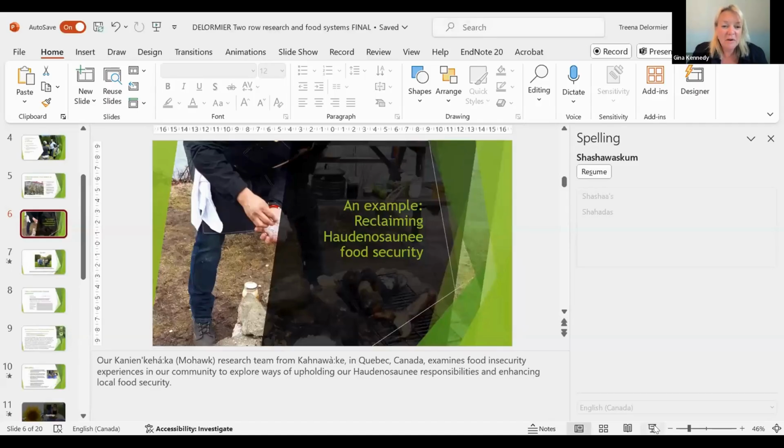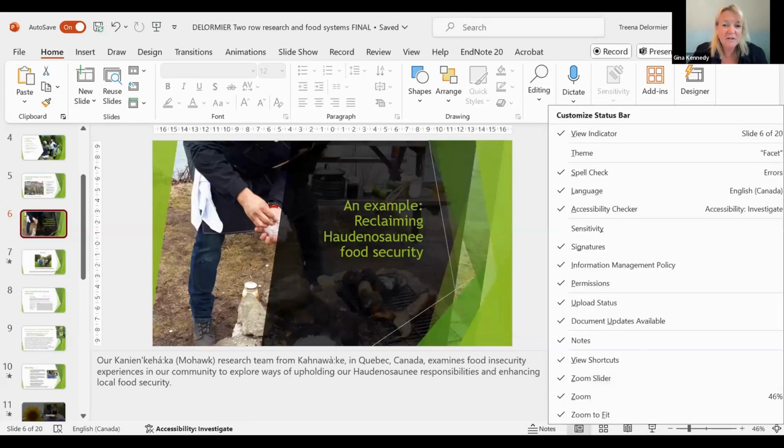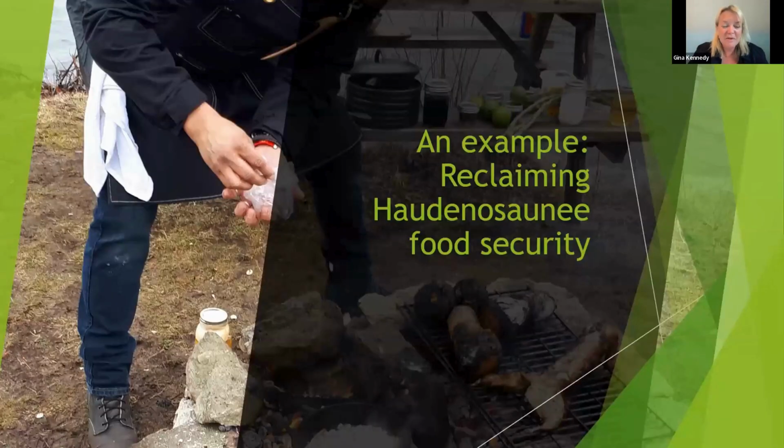So I'm really pleased to introduce our final speaker, Dr. Trina Delormier. She has been a part of our IUNS Task Force on Traditional and Indigenous Food Systems and Nutrition for a long time. So it's great to welcome a good colleague and friend. Dr. Trina is a Canada Research Chair in Indigenous Peoples Nutrition and Food Sovereignty.